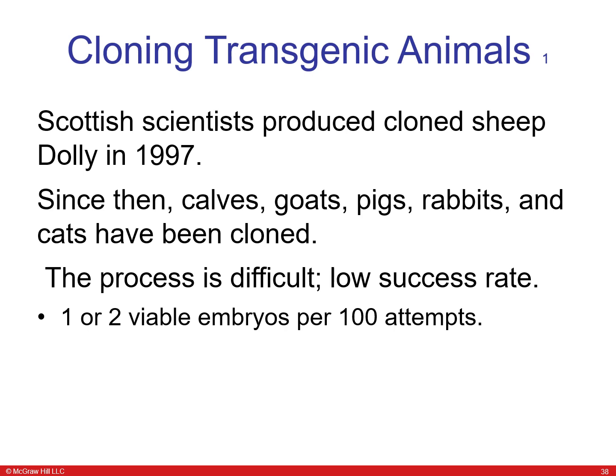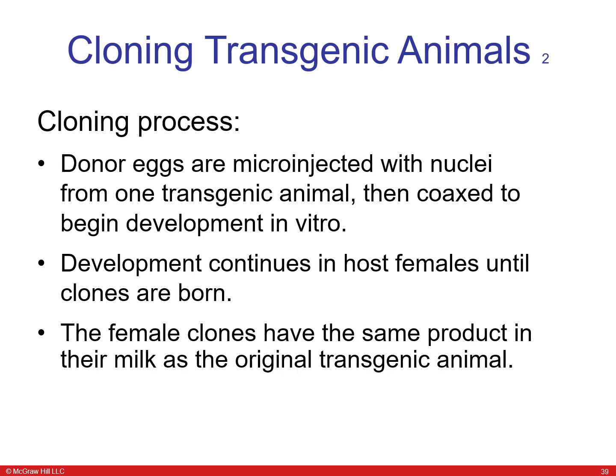We've also cloned animals before. Remember, in 1997, Scottish scientists cloned a sheep named Dolly. Since then, calves, goats, pigs, rabbits, cats, and dogs have been cloned. The process is difficult, but it can be done. This is the cloning process.